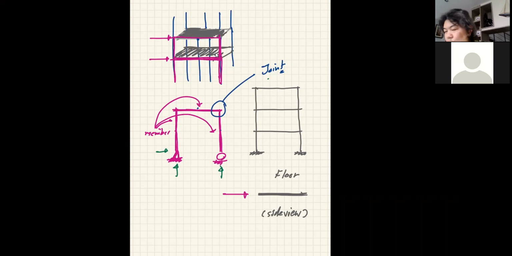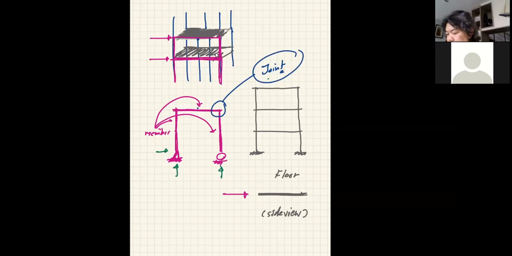So in this case, we put all the floors together by columns. But if you put the columns and the floors together without the rigid joint here, it's not going to be stable.